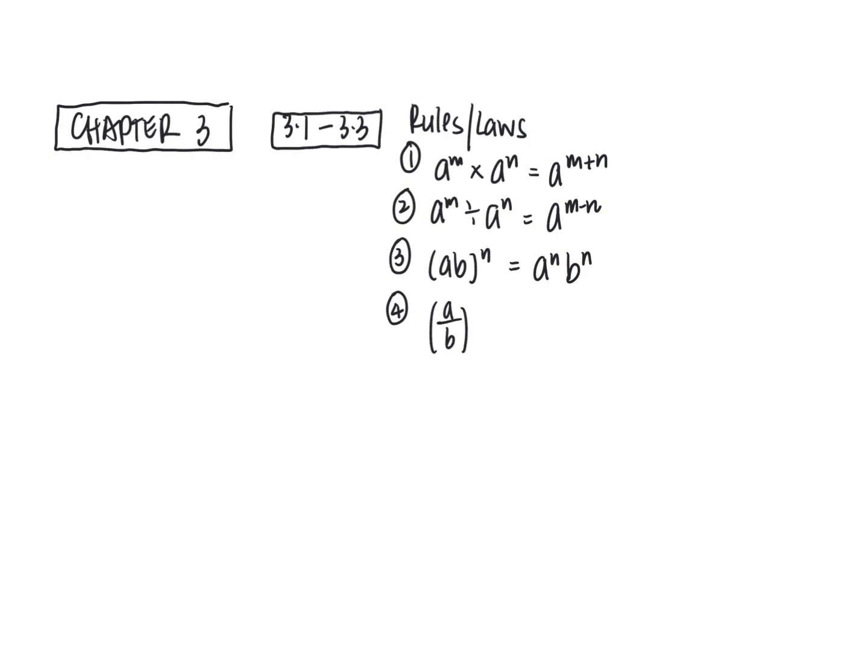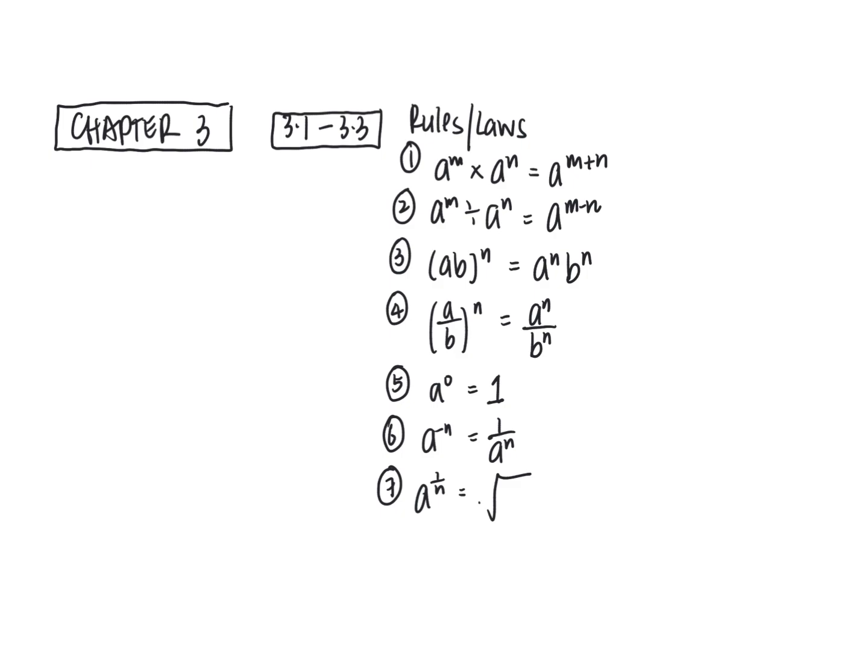Or maybe I use n for consistency. Okay, both will get the same power. If you have power 0, it is 1. Okay, if you have negative power, you can bring it down. If you have a fractional power, it is always a root.